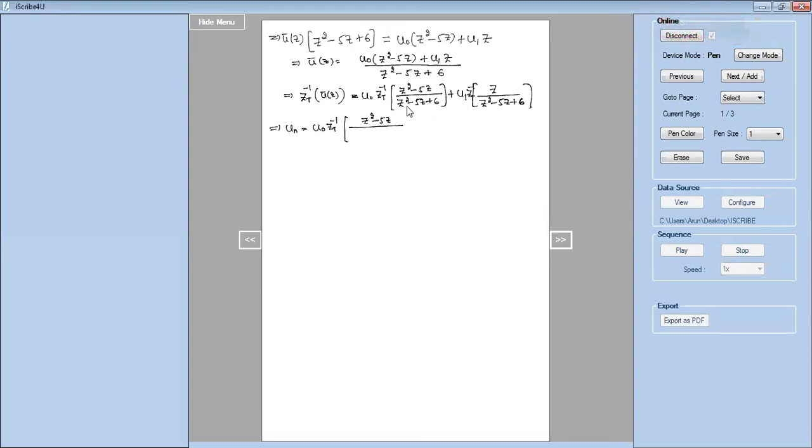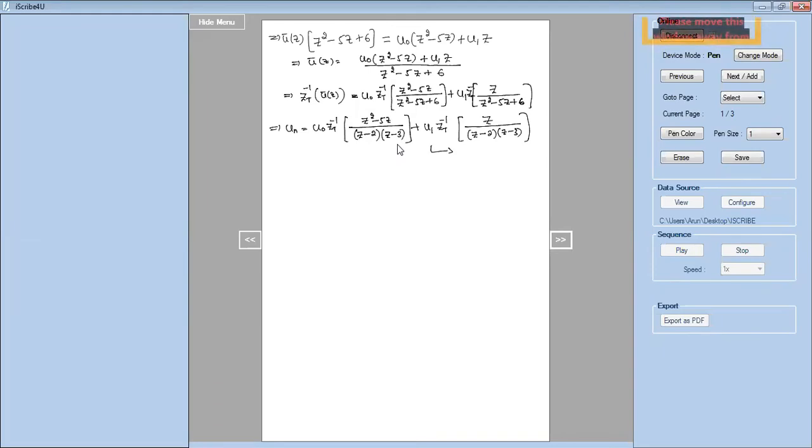So z square minus 2z minus 3z plus 6: z common gives z minus 2, and taking minus 3 common gives z minus 3. The factors are z minus 2 into z minus 3. Plus the next term, u1 into inverse of z by the same denominator, z minus 2 into z minus 3.